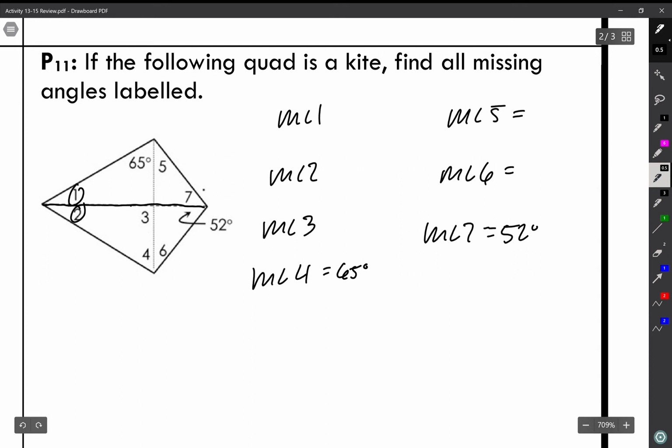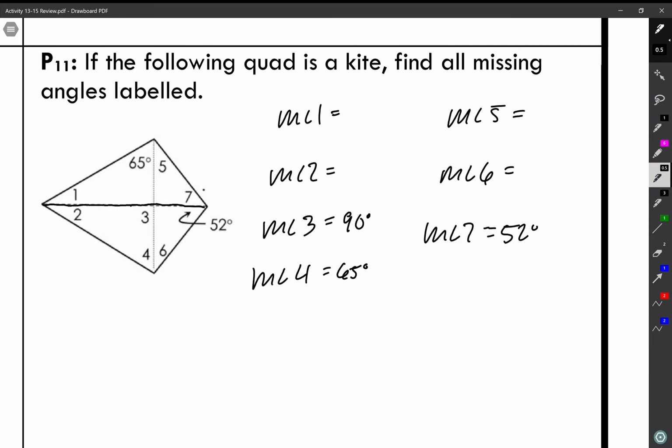So I know angle 3, let's see, property 2 for kites tells me that diagonals are perpendicular. So perpendicular lines form right angles, so measure angle 3 is 90 degrees. Okay, now since I know 4 is 65, I know 3 is 90. 180 minus 90 is 90, right?